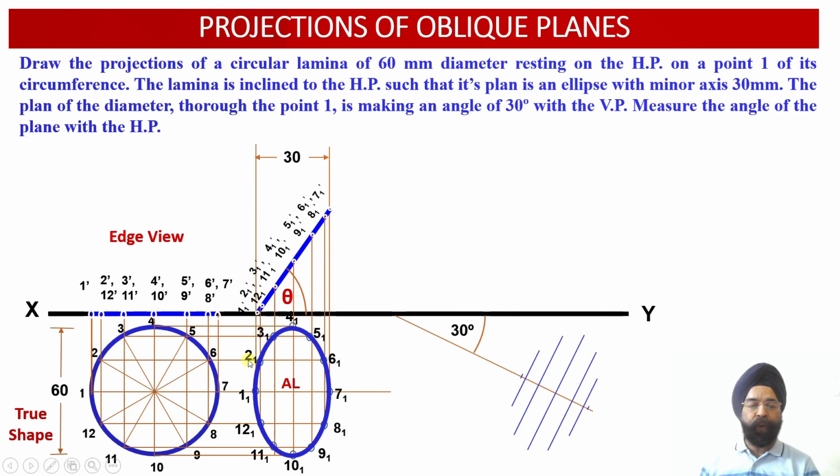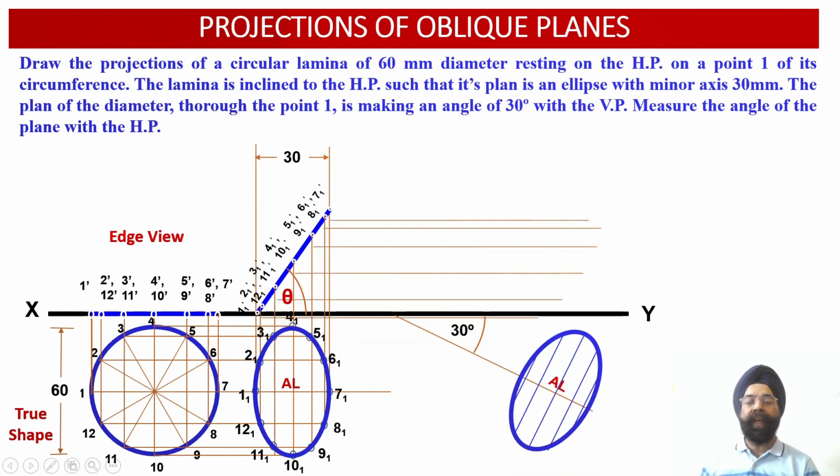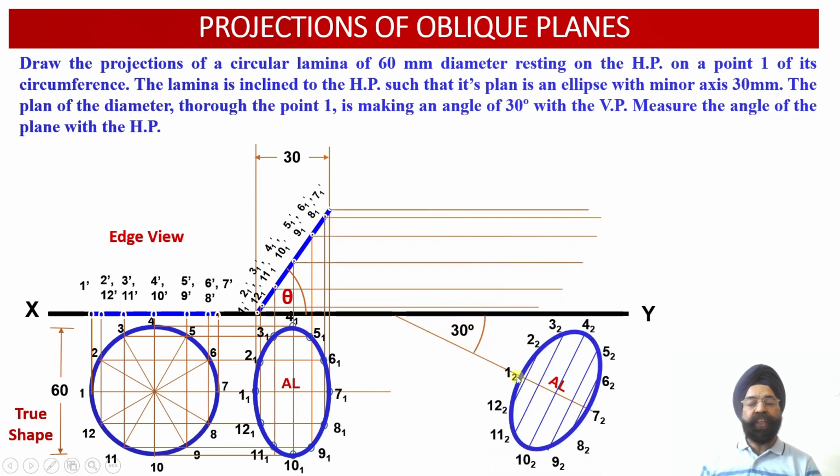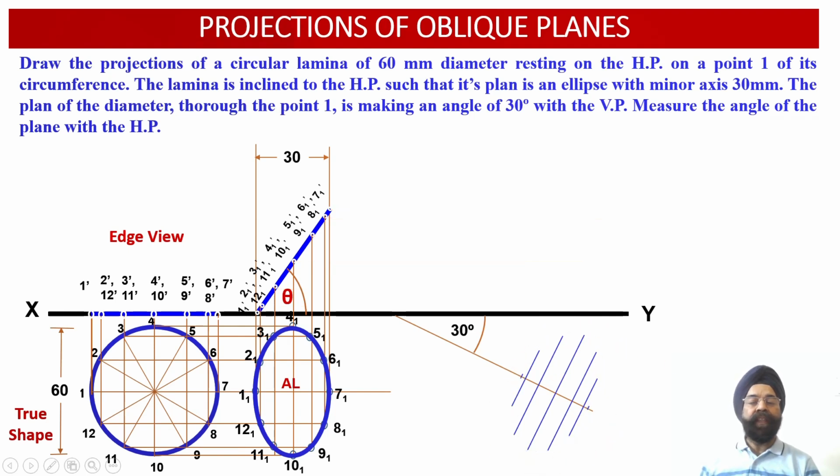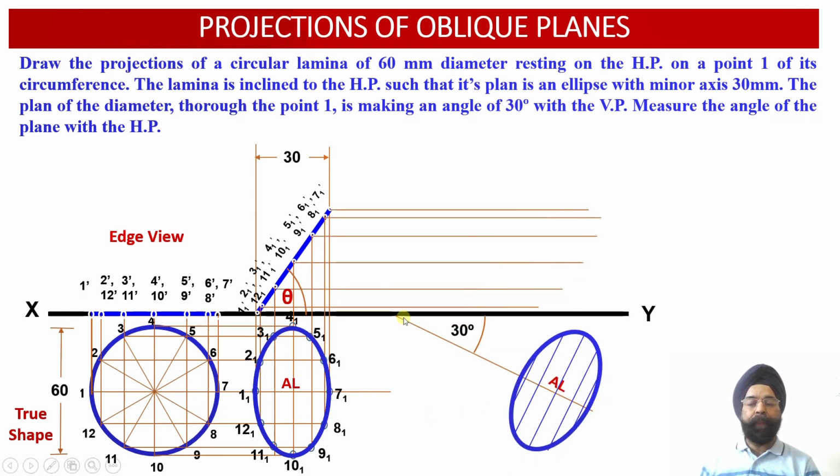Which are these 4 points? 2, 6, 12 and 8. So this way all the 12 points we can locate over here. You can see these 12 points we have been able to reproduce using this rectilinear distance method. Using the rectilinear distance method, we have been able to rotate the ellipse which we had obtained in the previous plan projection view into the new oblique view.